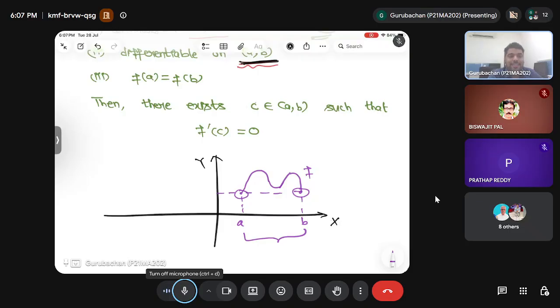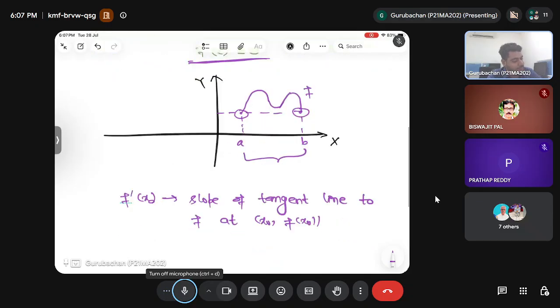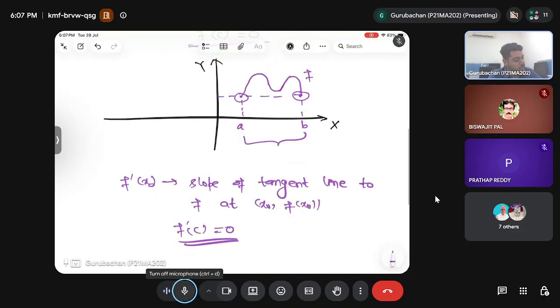So there must exist a c by Rolle's theorem such that f'(c) is 0. Now what is the meaning of f'(c) being 0? f'(x) means the slope of the tangent line to f at (x0, f(x0)).